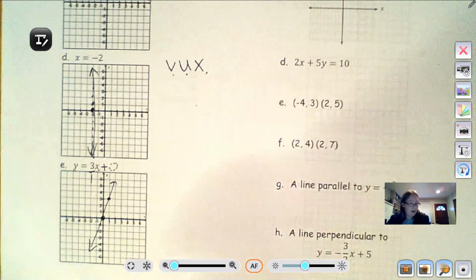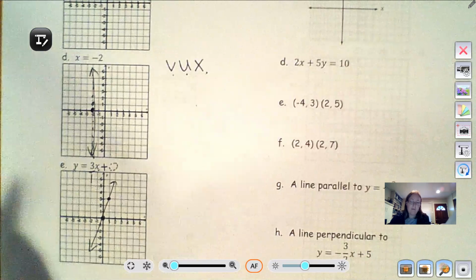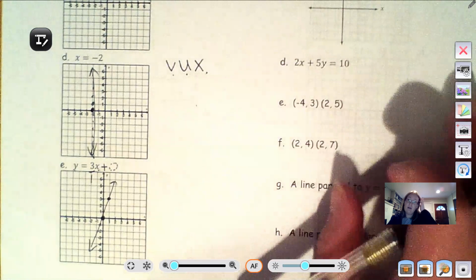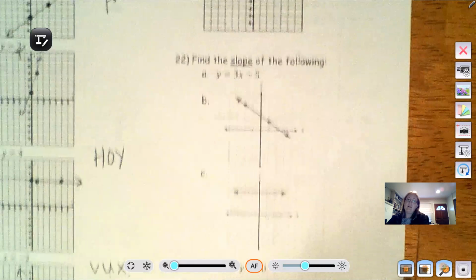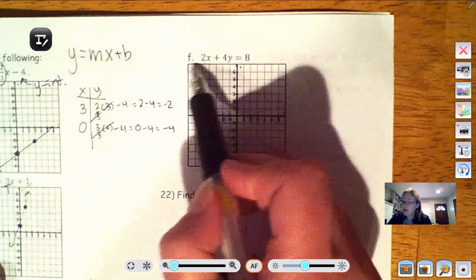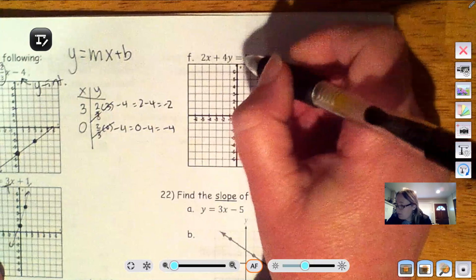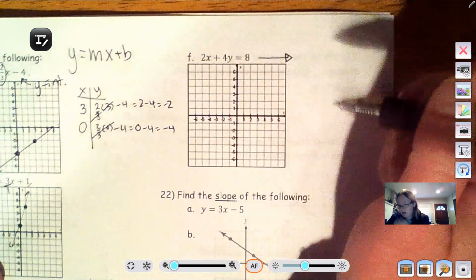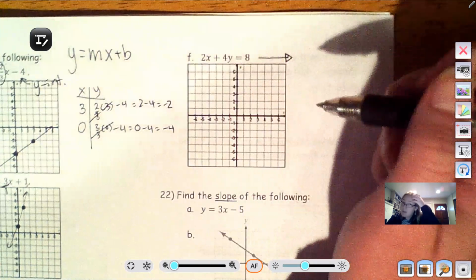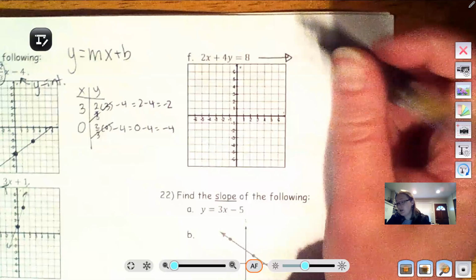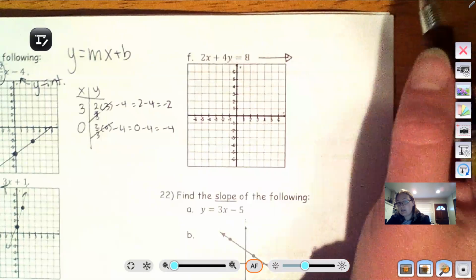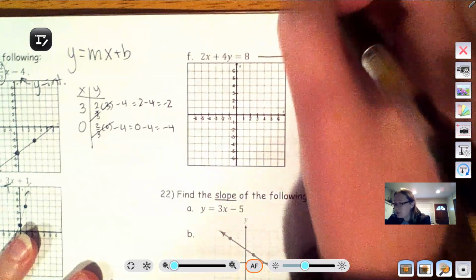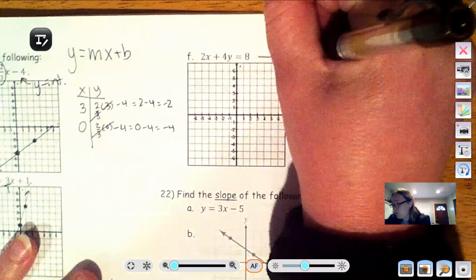So we haven't done a negative slope problem, but actually this next one is in standard form right now. So we'd want to put it into slope intercept form, or potentially you could use intercepts because 2 and 4 both go into 8, so it would be nice integers. But for practice, let's put it into slope intercept form.